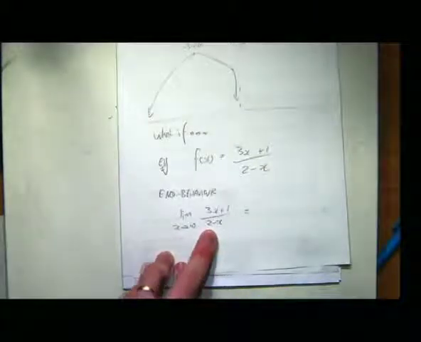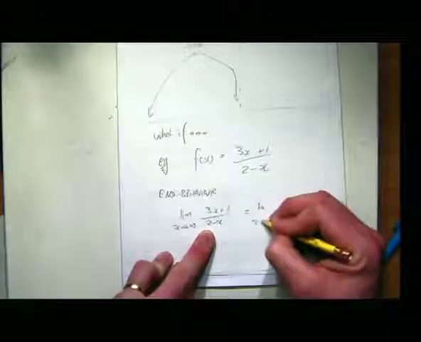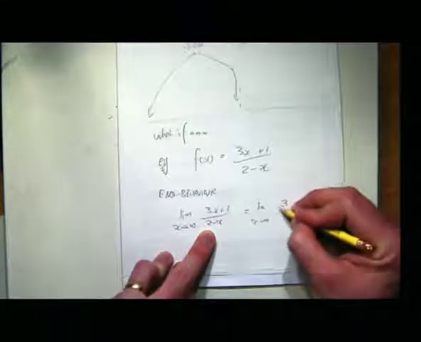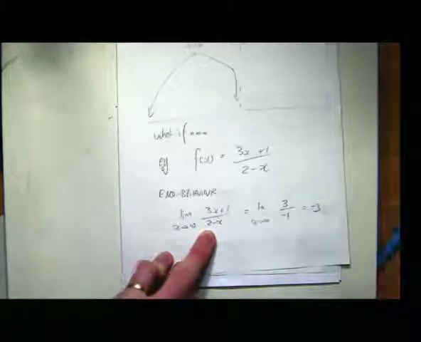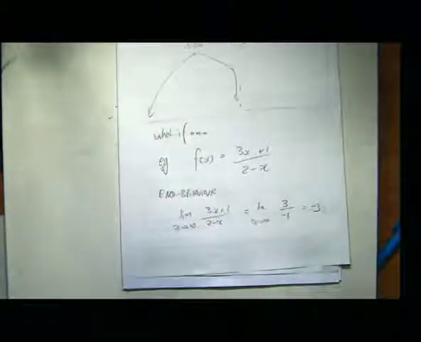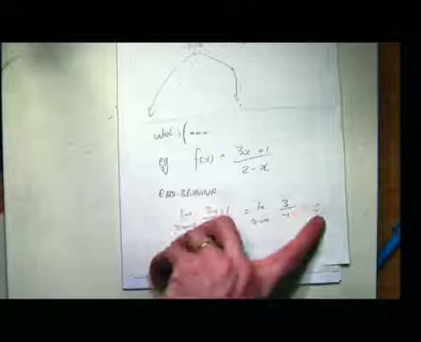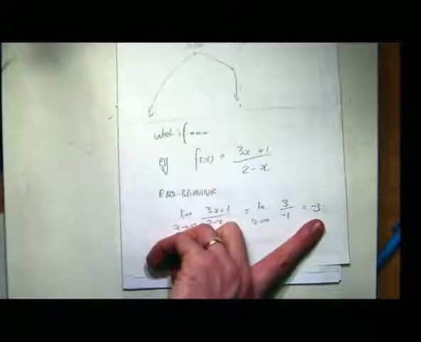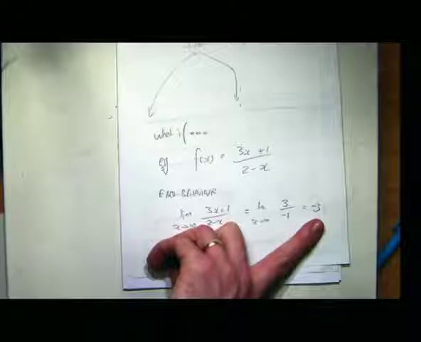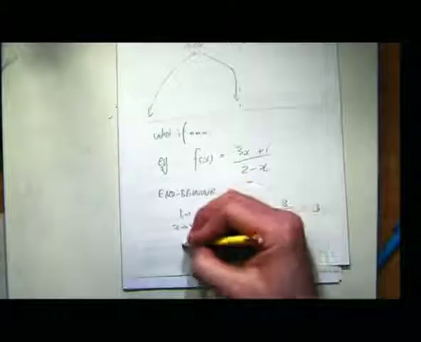If I use L'Hopital's rule and differentiate both the top and the bottom, I just get minus 3. Because the derivative of the top is 3, derivative of the bottom is minus 1, you get minus 3. So this function, when x goes to infinity, is minus 3. So when you do your sign diagram, it won't go to infinity, it'll go to minus 3. So that'll happen at minus infinity too.